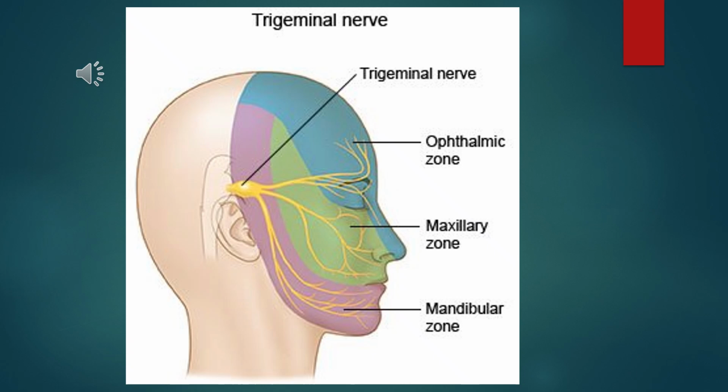So these are the areas supplied by the branches of the maxillary division of the trigeminal nerve.